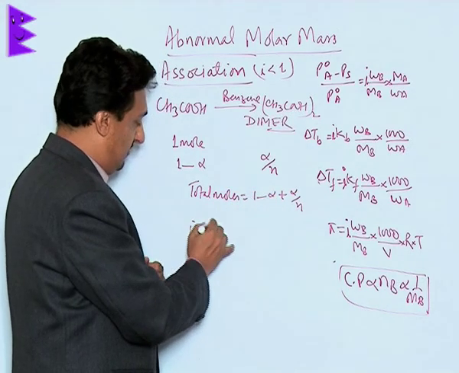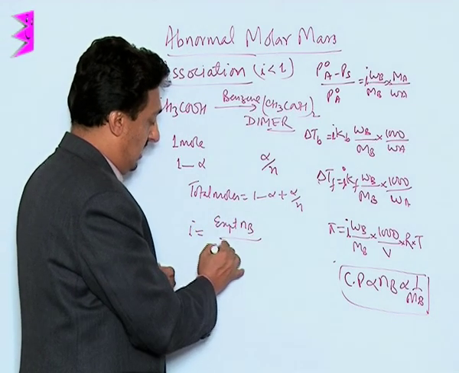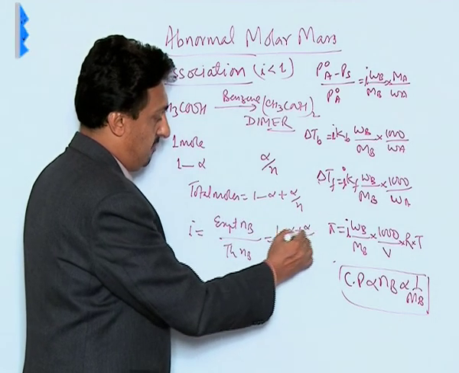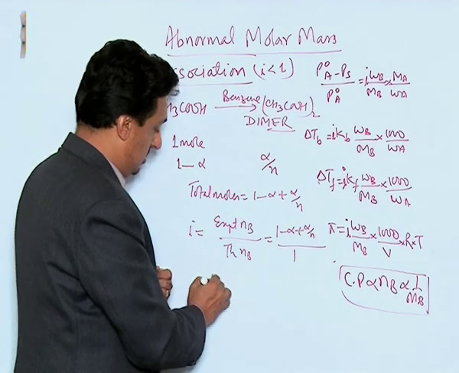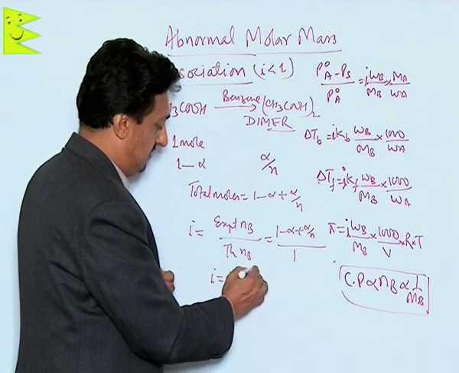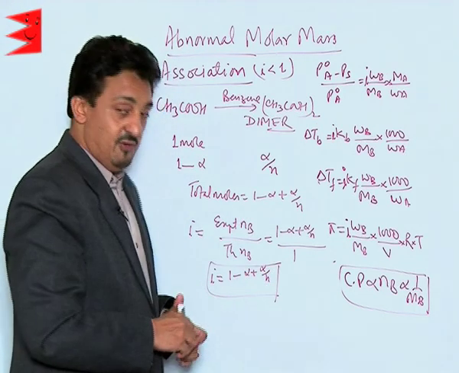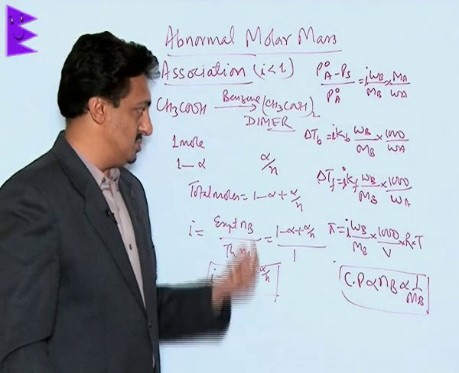So i, as I have told you, is your experimental number of moles upon theoretical number of moles. So your i is equal to 1 minus alpha plus alpha by n. So this is the formula if the solute taken is not showing 100% association.